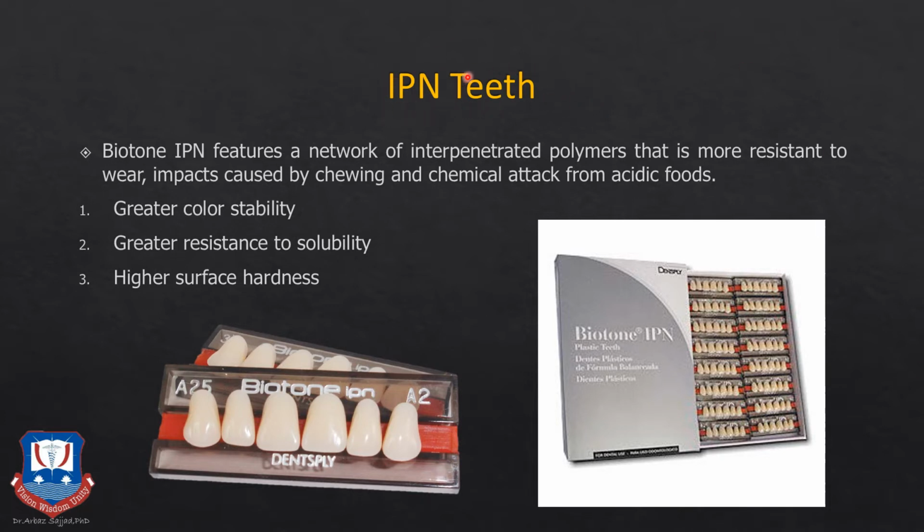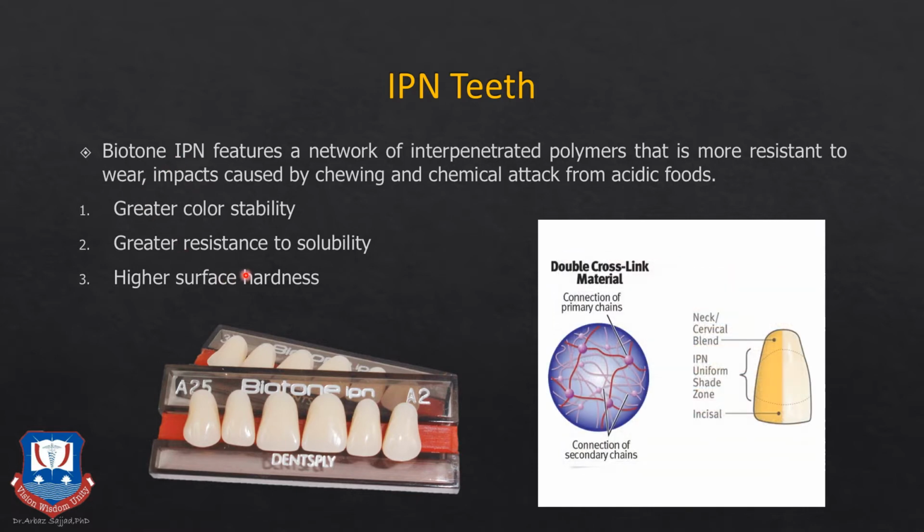Some examples of these teeth are Biotone IPN teeth. These polymer teeth mainly consist of polymeric chains or a polymeric network of two polymers, one being the polymethyl methacrylate. As a result of these polymer chains, the denture teeth have extremely good strength and good density. As a result, they are extremely color stable.